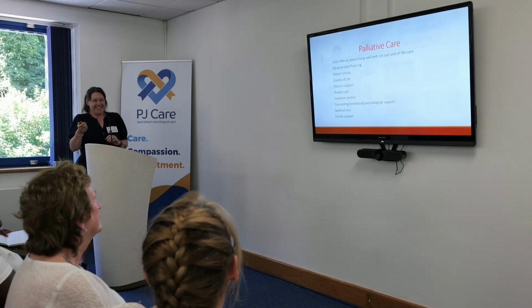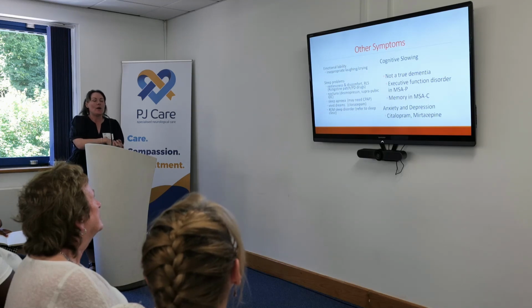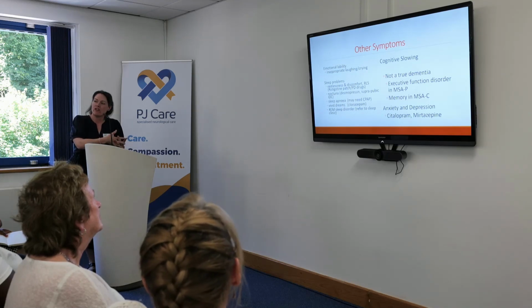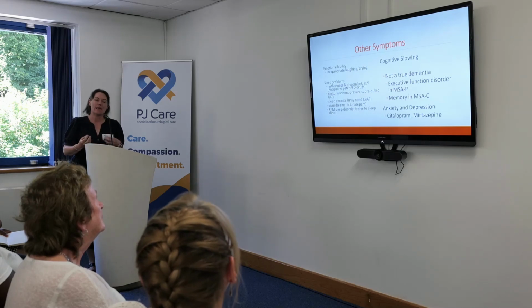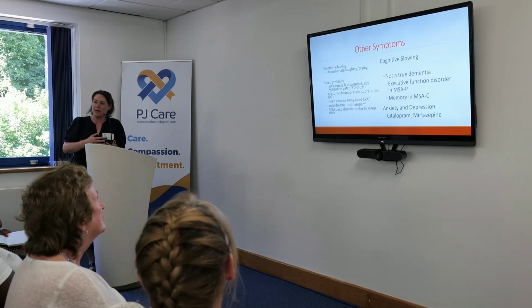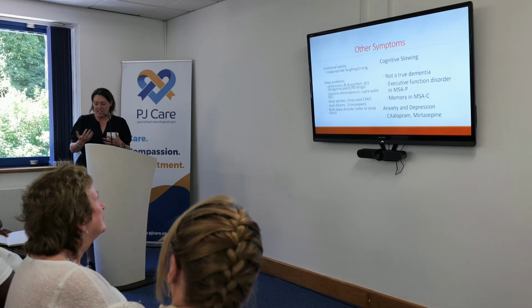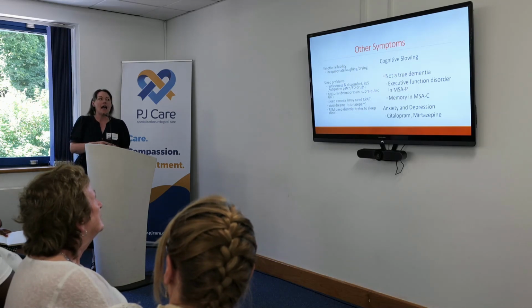So other symptoms that people get: emotional lability, so extreme laughing or crying, or extreme or inappropriate emotional responses. So if something is funny, they might cry, and if something is sad, they might laugh. And the thing is, people have an insight that that isn't appropriate, but they can't explain why they're doing it. Like one chap, for example, said he went to his friend's funeral and he started laughing, and of course you can imagine how that made him feel.